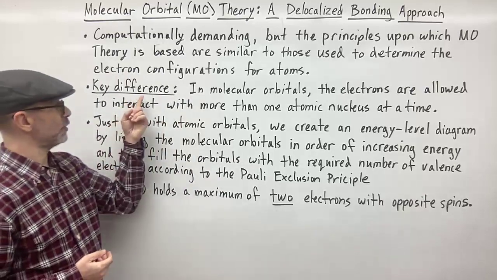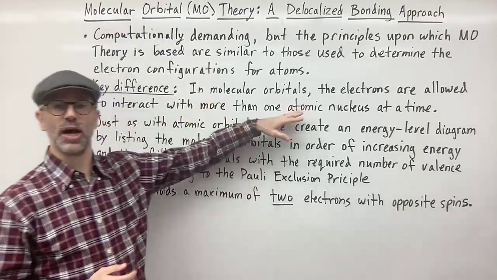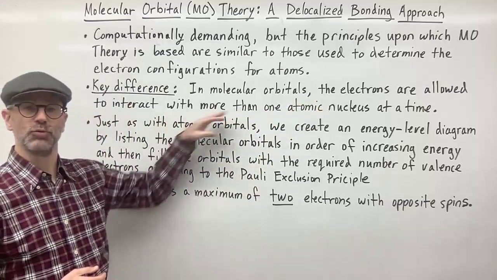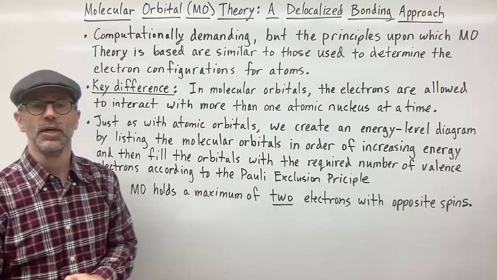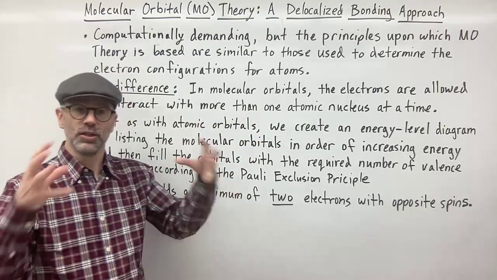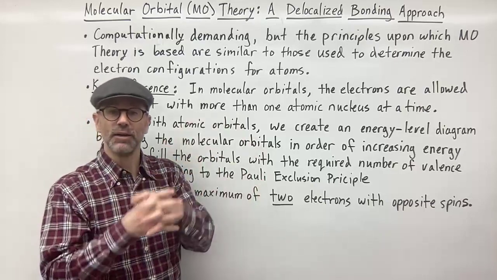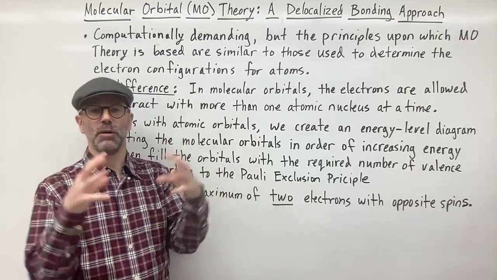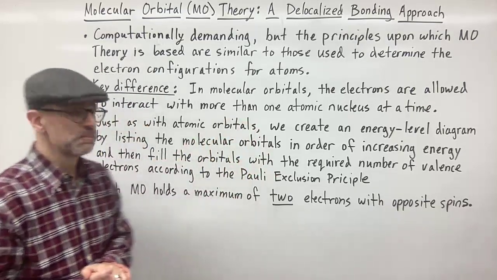However, the key difference is that in molecular orbitals, the electrons are allowed to interact with more than one atomic nucleus at a time. So we're taking molecular orbitals that are basically gotten from combining atomic orbitals from different atoms.